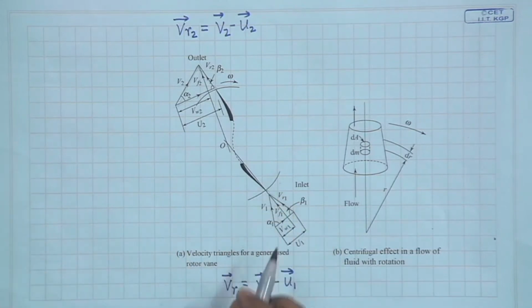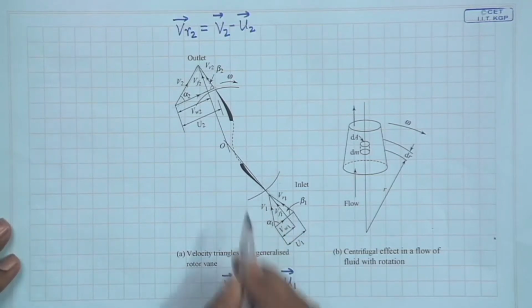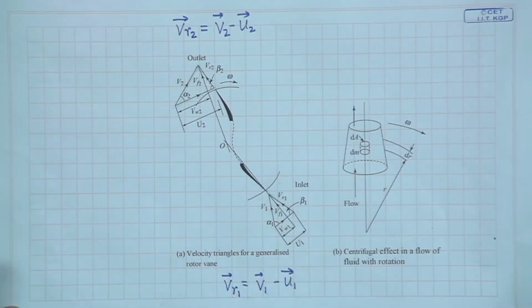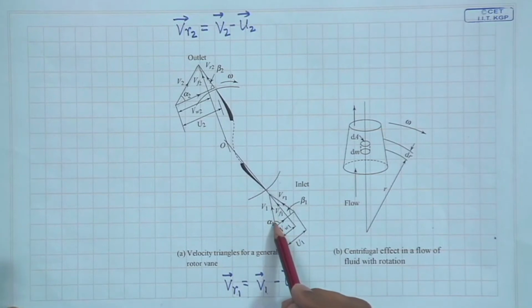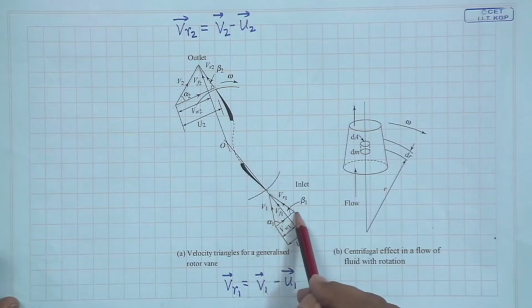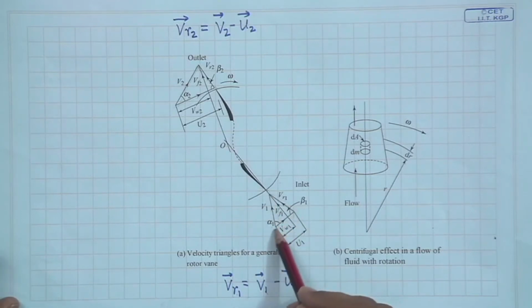Now, if we write this from the velocity triangle, we do a trigonometric treatment. We denote alpha 1 as the angle made by the absolute velocity with the tangential direction. This is the tangential direction, the direction of the blade speed.